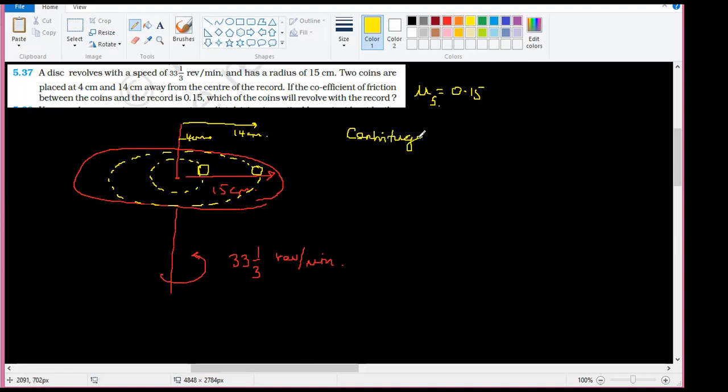Centrifugal force is equal to centripetal force. Centripetal force is nothing but mv squared by r, which can be written as m r omega squared, since v is equal to r omega. We have done this many times, so we should know this.